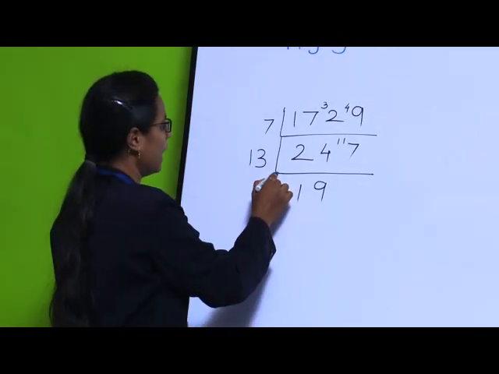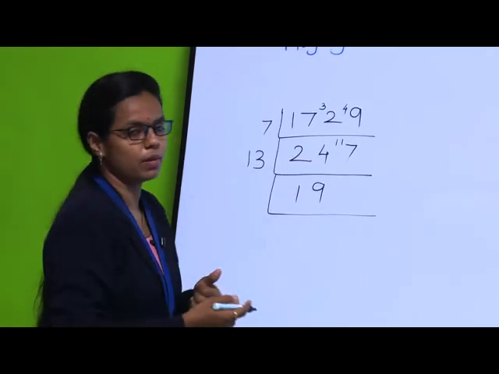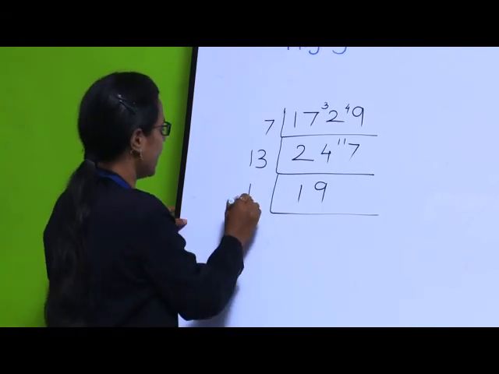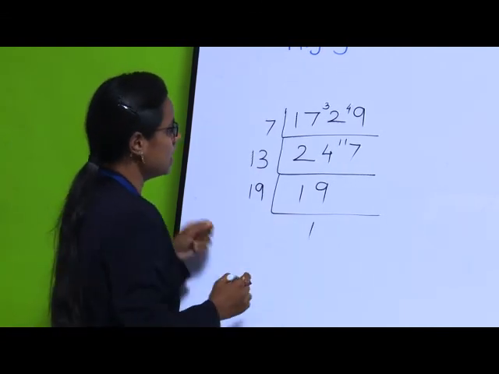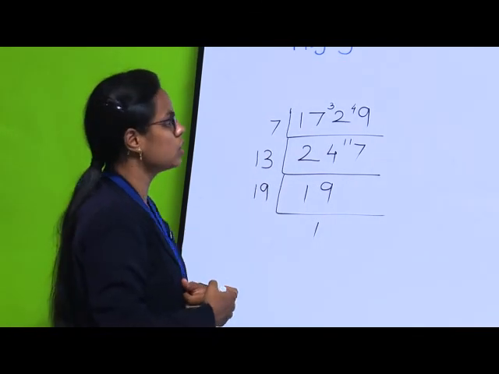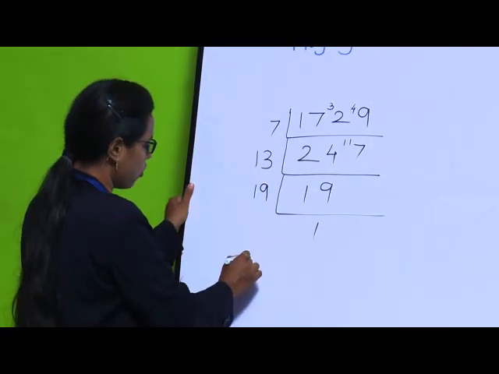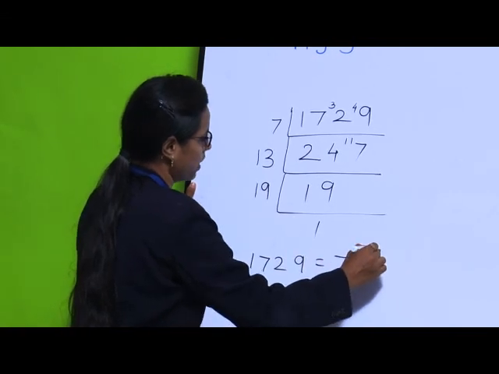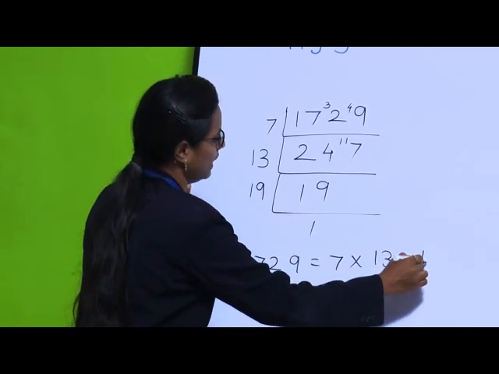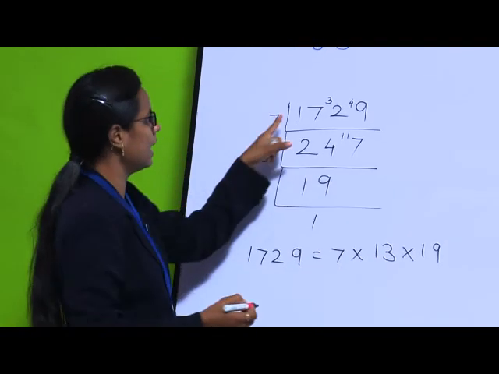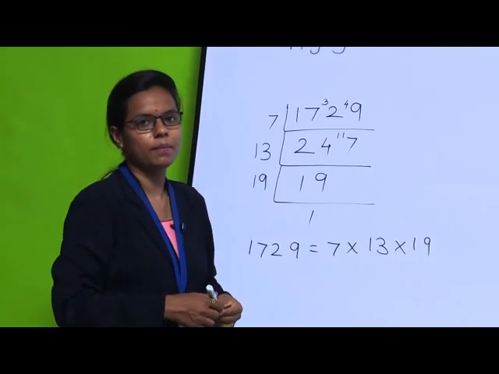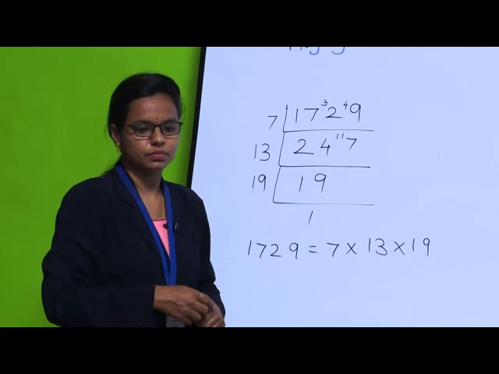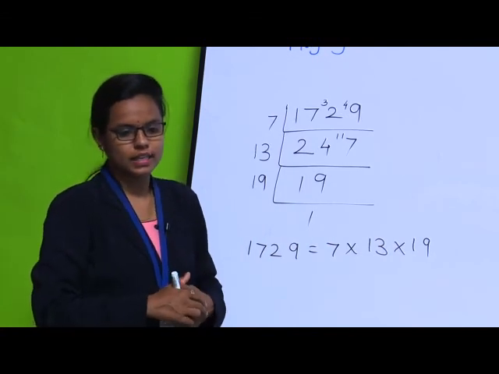Now, 19 is a prime number. So, we have to take here 19. 19 1s are 19. So, the prime factors for the given number is 7 into 13 into 19. When we multiply this, we get 1729.